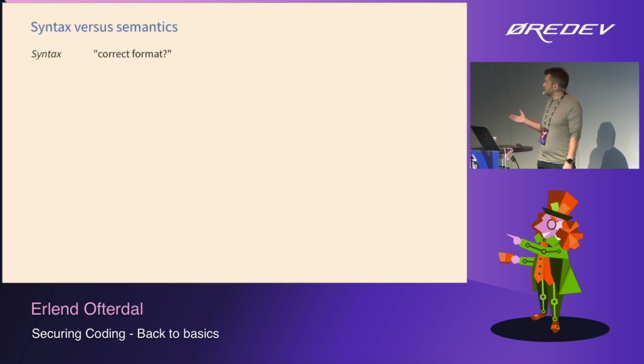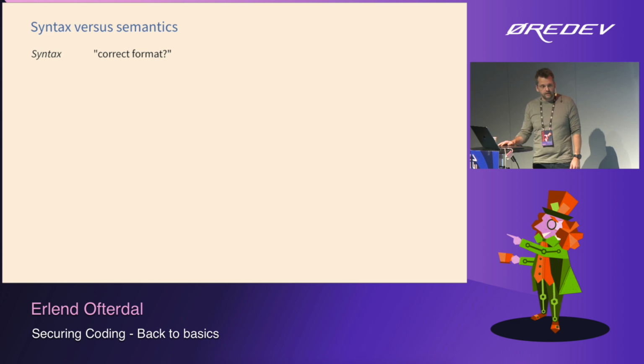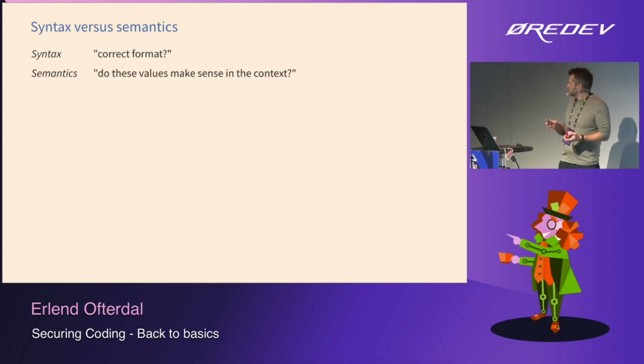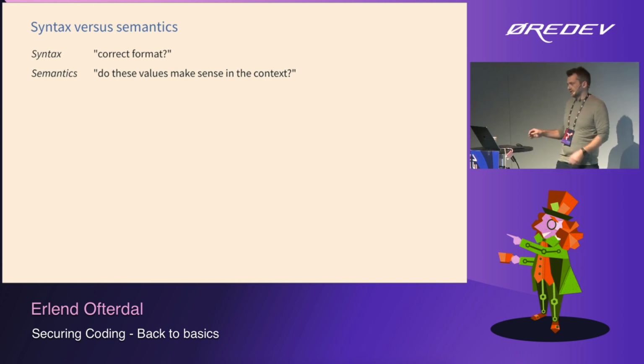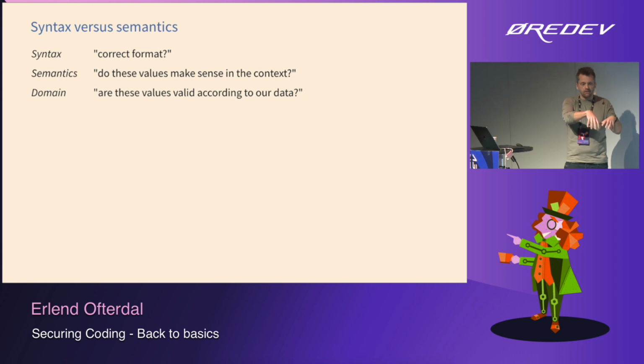There are different ways of validating input. There's syntax, which is basically the format of the thing that we're getting. Does this look okay? And then if we have multiple values, we can start to think about those values in relation to each other. Do they make sense in this context? And then we can even do something called domain validation, where we're checking if this makes sense in our actual system.